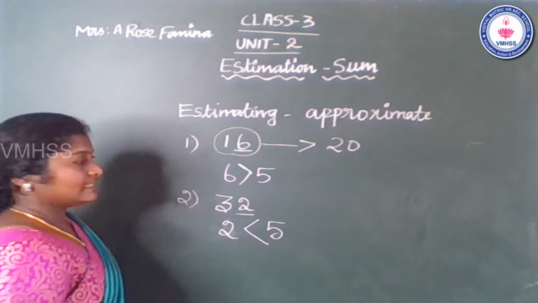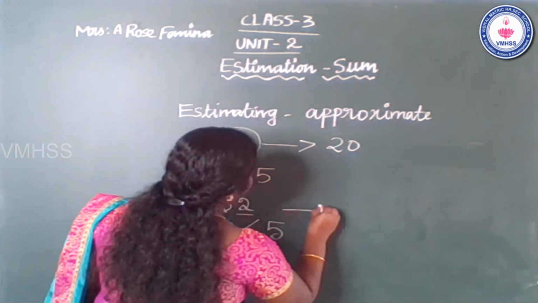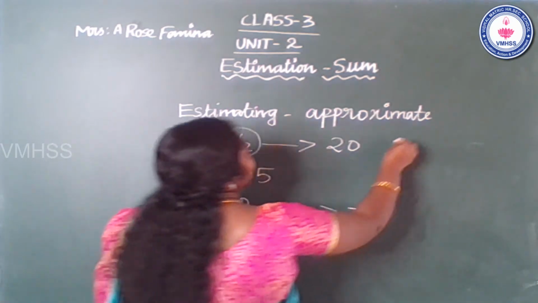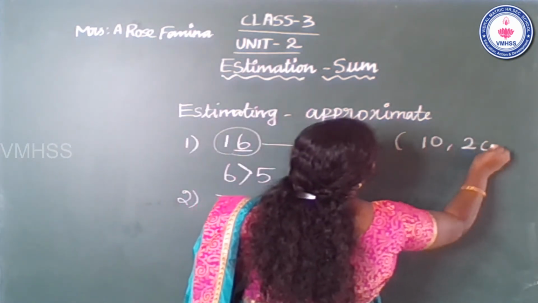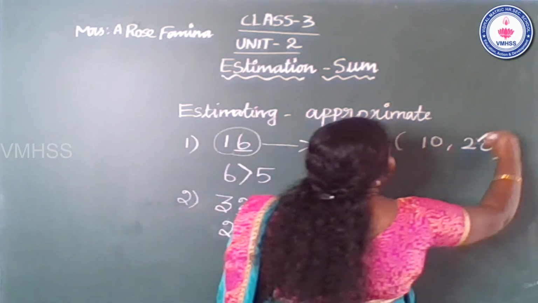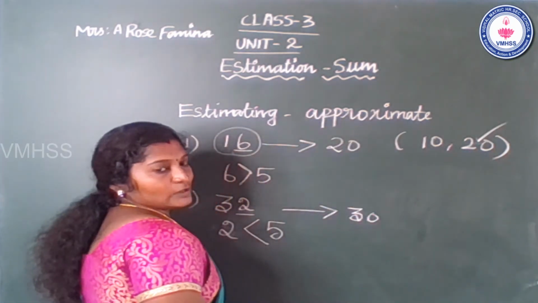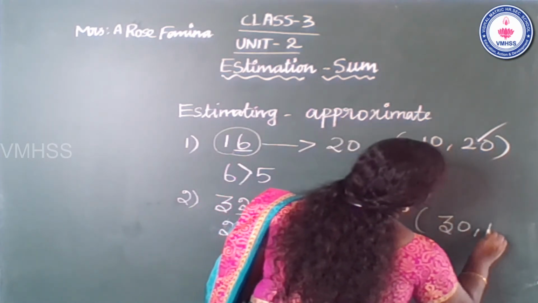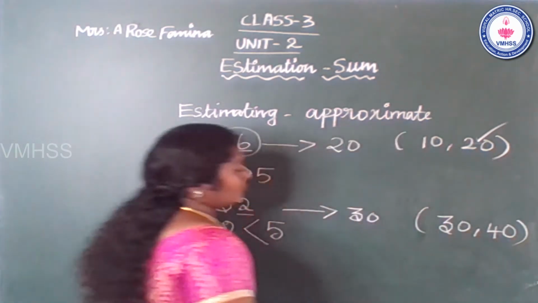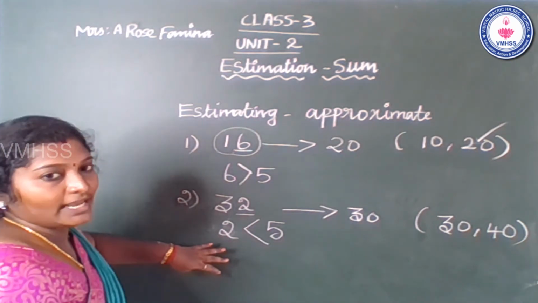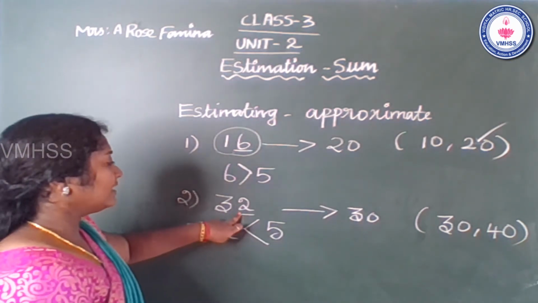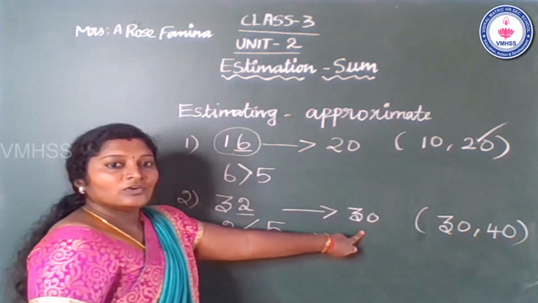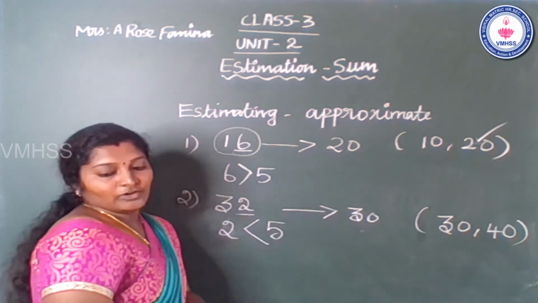So the rounded value is 30, between the values 30 and 40. Since 2 is less than 5, the rounded value is 30. Do you understand, students?